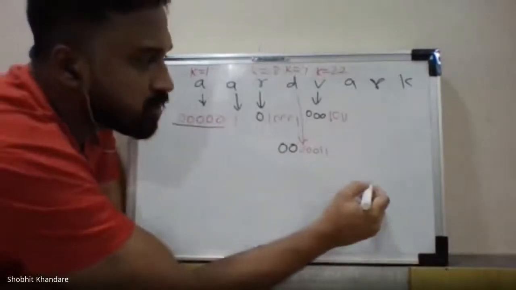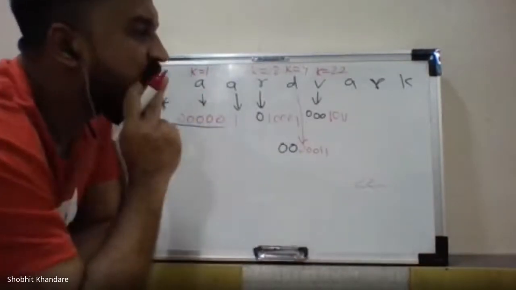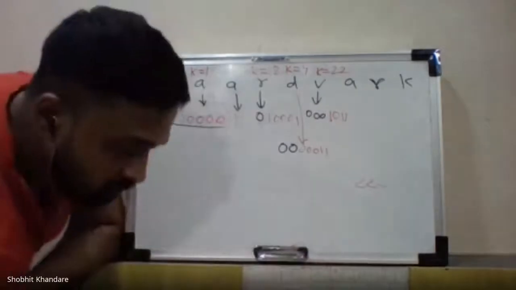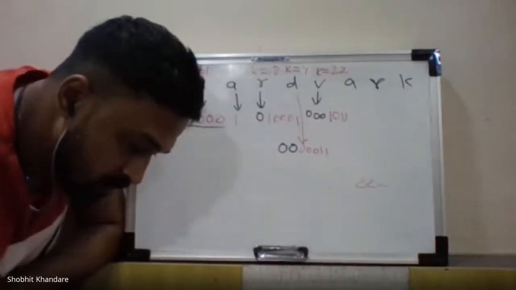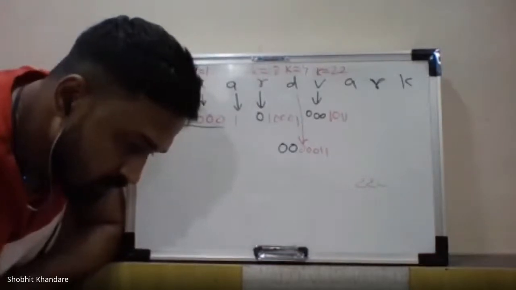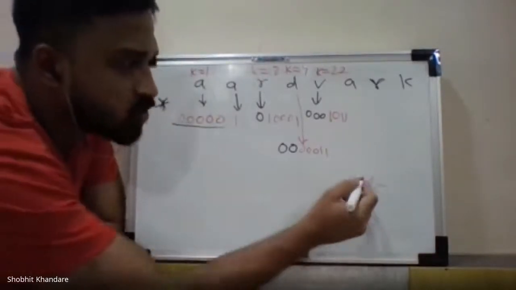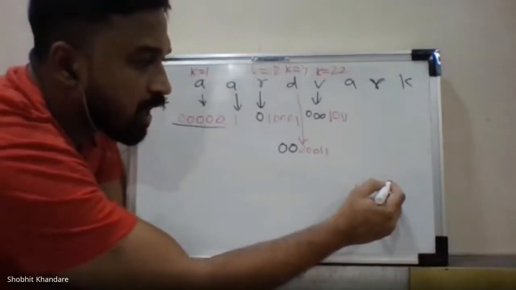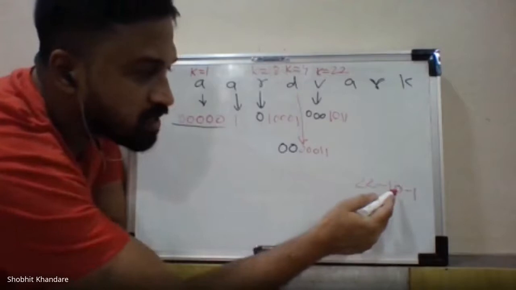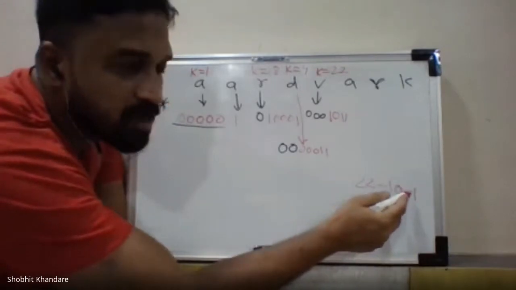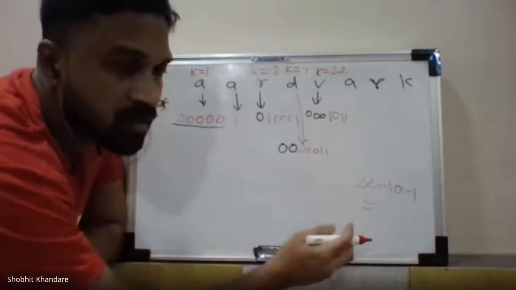So K is 22, minus R which is 10, minus 1. So 22 minus 10 is 12, 12 minus 1 is 11.